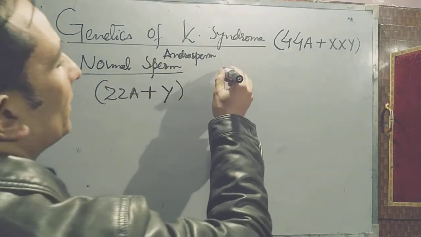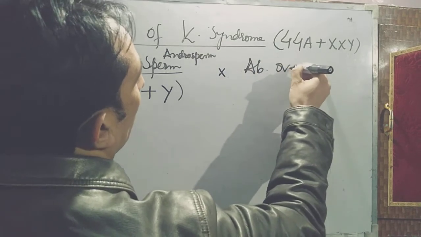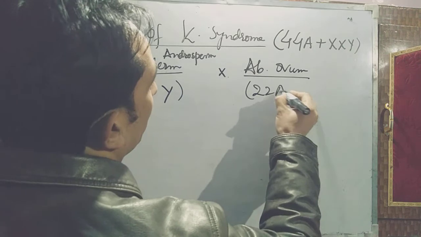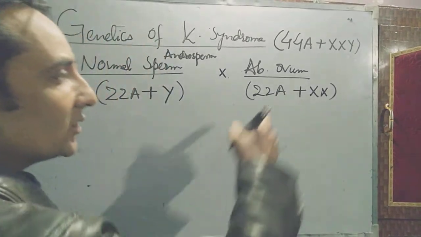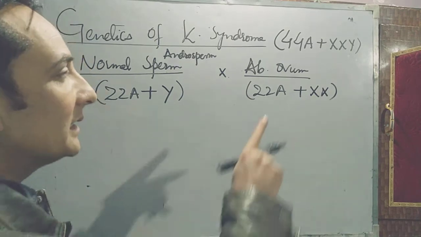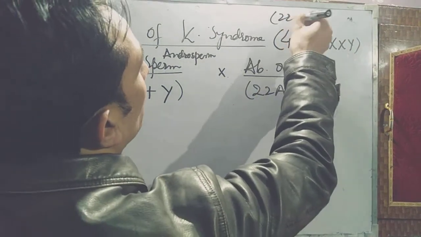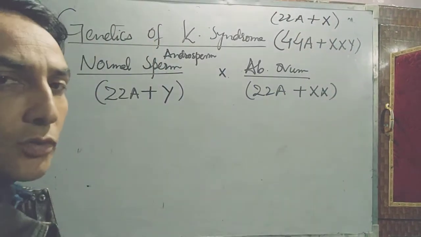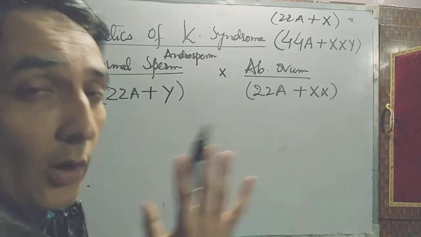When this androsperm fertilizes an abnormal ovum which is 22A plus XX, and there's no ovum like this unless it is abnormal. The ovum should have been 22A plus X, because during meiosis the autosomes as well as the sex chromosomes get separated from their homologous chromosome.